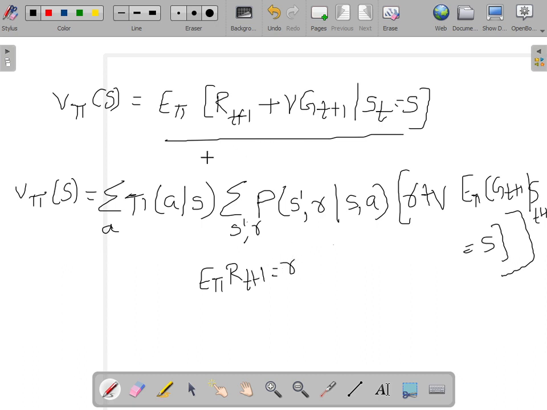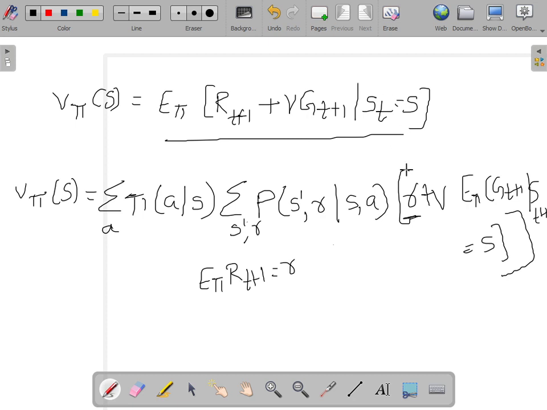So we are not writing E pi R of t plus 1, instead we are writing small r because that is the reward. Plus, now this gamma is there, and this E pi is there. So gamma E pi we have taken common, and after taking that we need to take G of t plus 1, because now we are moving towards another state.